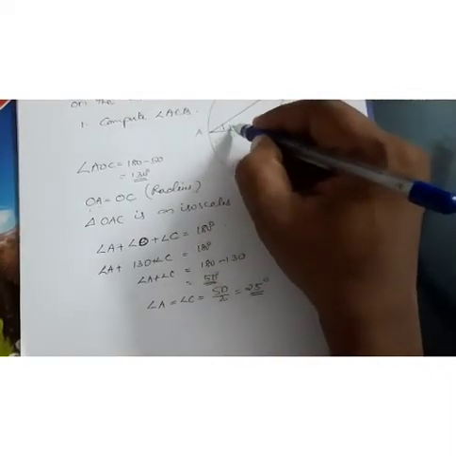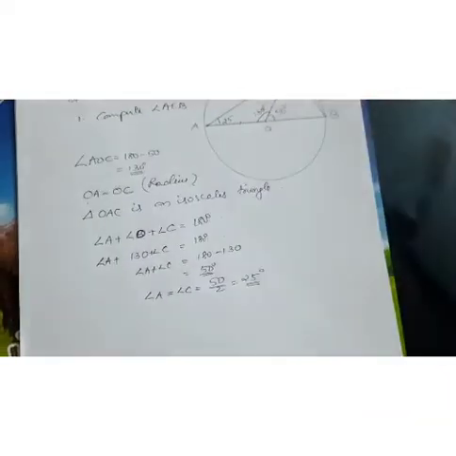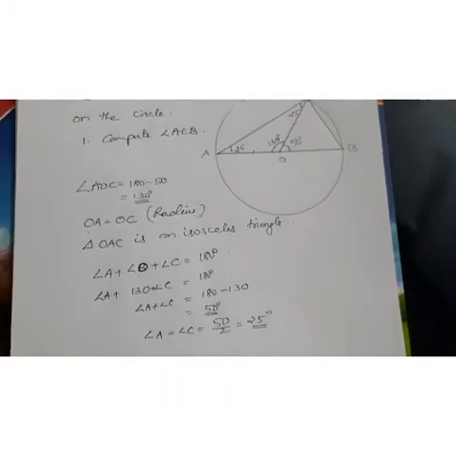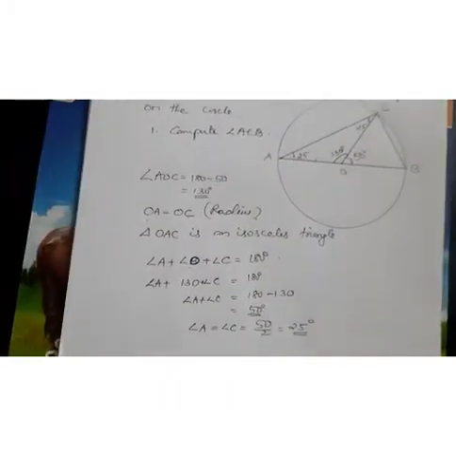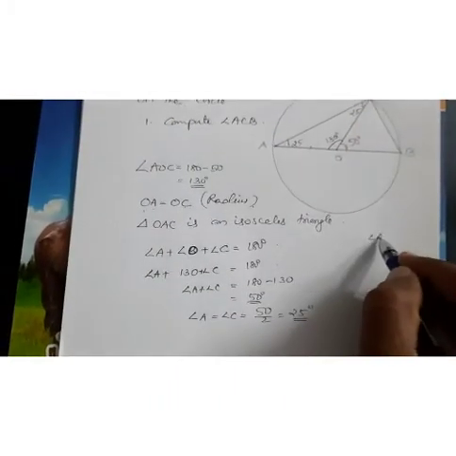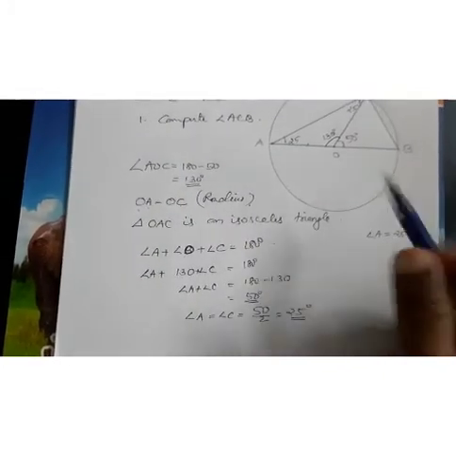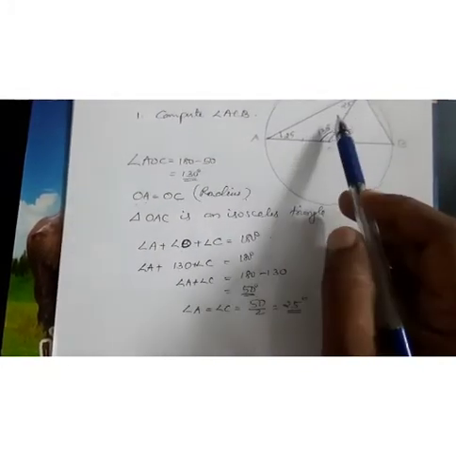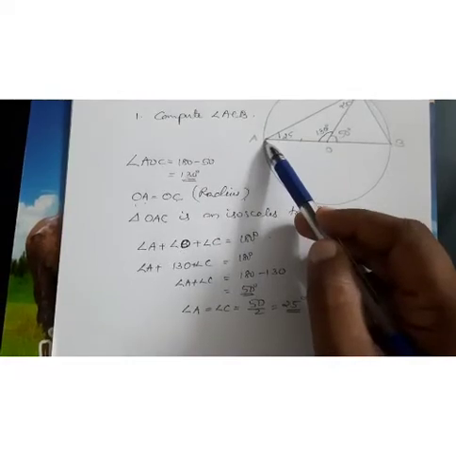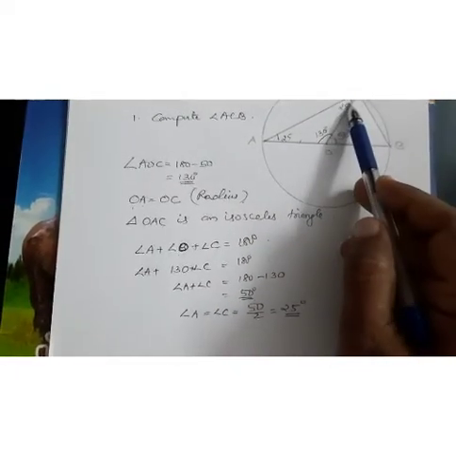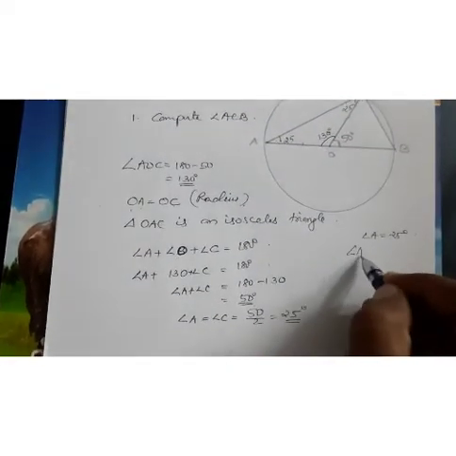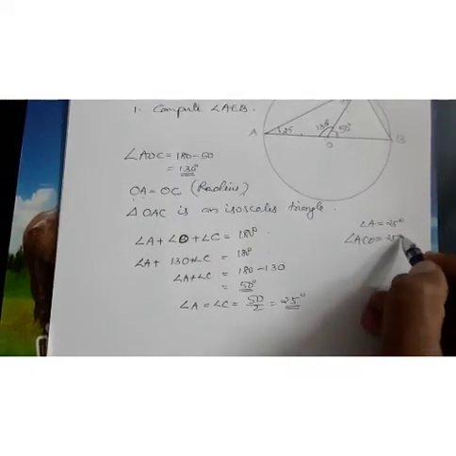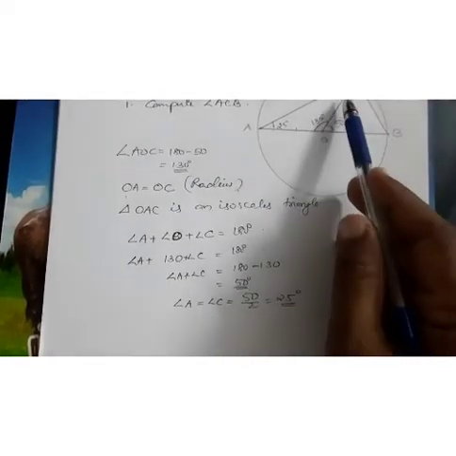So this is also 25, this also 25 degree. In this one, angle A is equal to 25 degree and angle ACO, that means angle C you wrote here, angle ACO is also 25 degree.